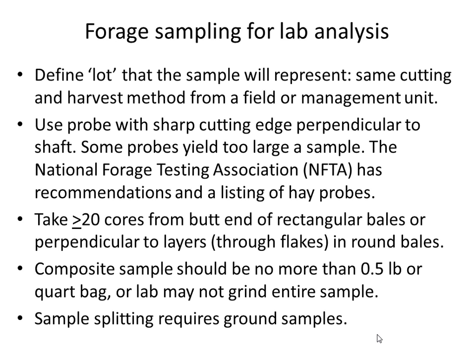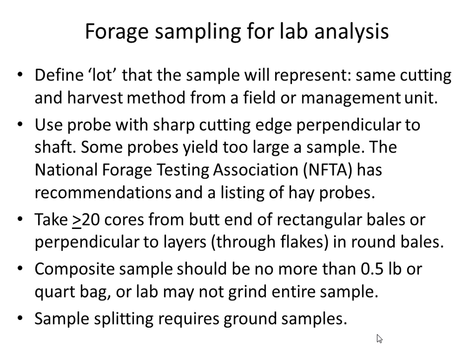Great. Well, if you go to the National Forage Testing Association website, which is an excellent educational resource, it will lead you through specifically how to do a representative hay probe core sample. But it'll also give you a listing of about 12 commercially available probes, and it'll evaluate the features that an effective probe needs to have.